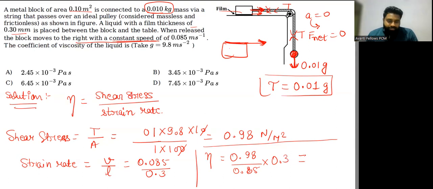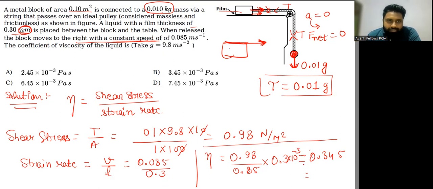So it will result in 0.345. This length is in mm, so it has to be converted into meter, so 10 raised to the power minus 3.